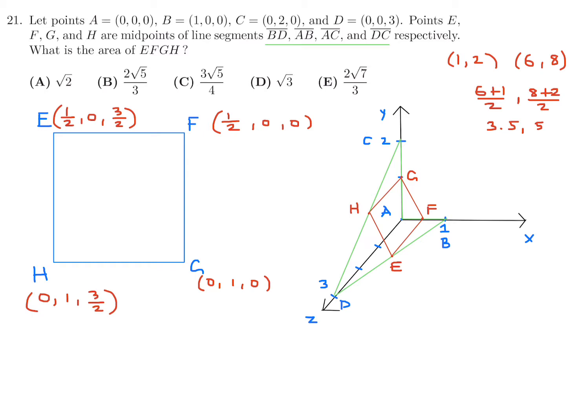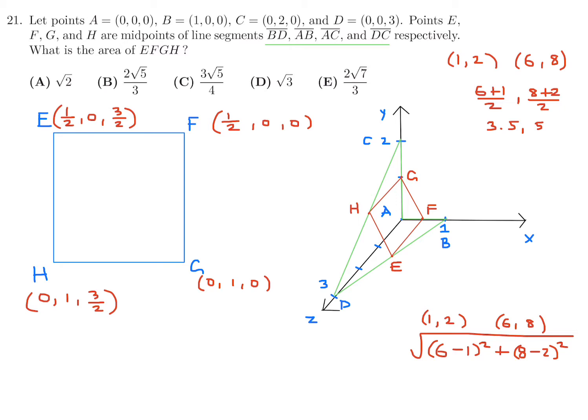Now we have to find the distances. For the distance from F to G, for example, you just use the distance formula. If you wanted to find the distance from 1, 2 to, say, 6, 8, you would just go 6 minus 1 squared plus 8 minus 2 squared under the square root sign. For triple coordinates in the XYZ plane, it's the same story.